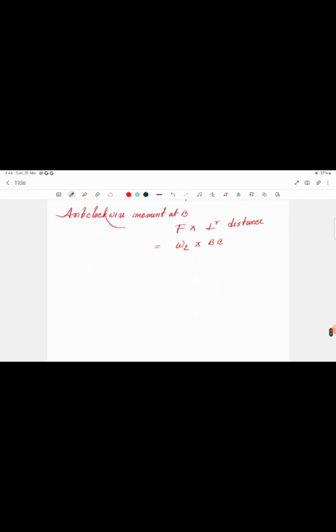So the clockwise moment is W1 into AC, and this one is W2 into BC. According to the principle of moments, the sum of clockwise moments equals the sum of anti-clockwise moments.